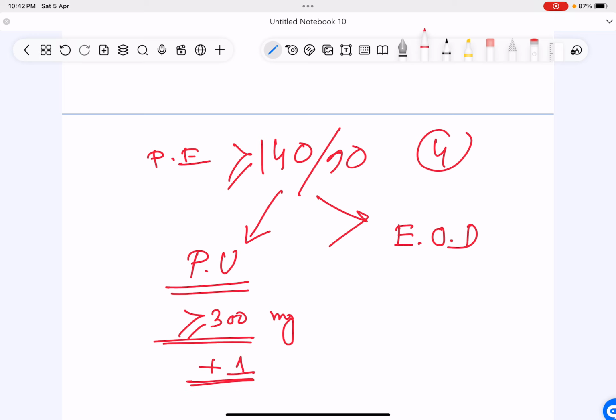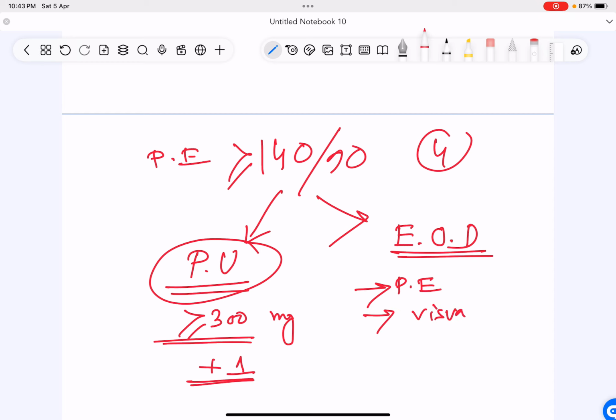Okay, now end organ damage में क्या देखना है आपको? If you don't have proteinuria, if you have signs of end organ damage like pulmonary edema, patients have visual symptoms, or if there is a new onset cerebral symptoms, visual symptoms, cerebral symptoms, pulmonary edema.